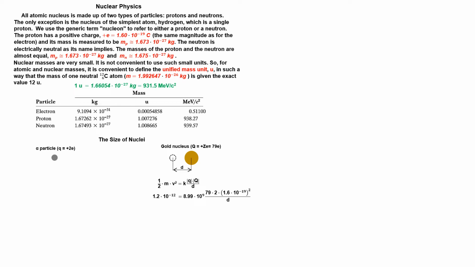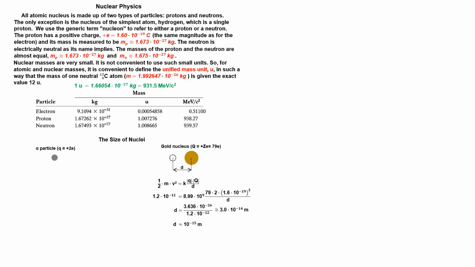Solving for d, Rutherford concluded that the distance d is approximately 3 times 10 to the power of minus 14 meters. This calculation gives an upper limit for the radius of the gold nucleus, and Rutherford concluded that the order of magnitude value for the radius of a nucleus is about 10 to the power of minus 15 meters.